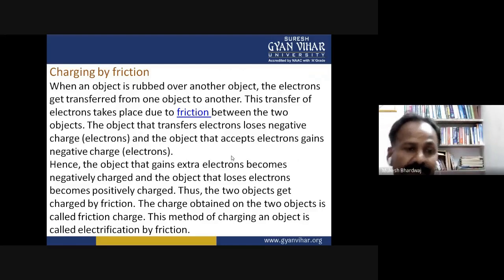The object that gains the extra electrons becomes negatively charged, and the object that loses electrons becomes positively charged. Thus the two objects get charged by friction. The charge obtained on the two objects is called friction charge. This method of charging an object is called electrification by friction.